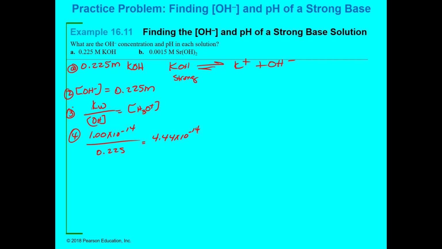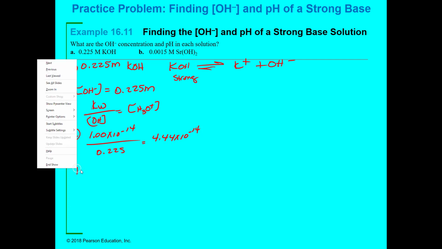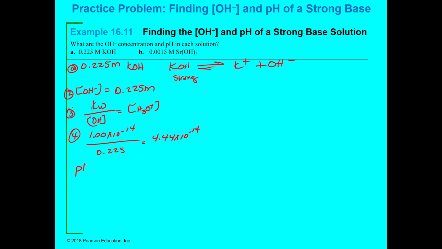And then the pH will be the negative log of that. Sorry. 4.44 times 10 to the minus 14. And so the pH will equal 13.35.